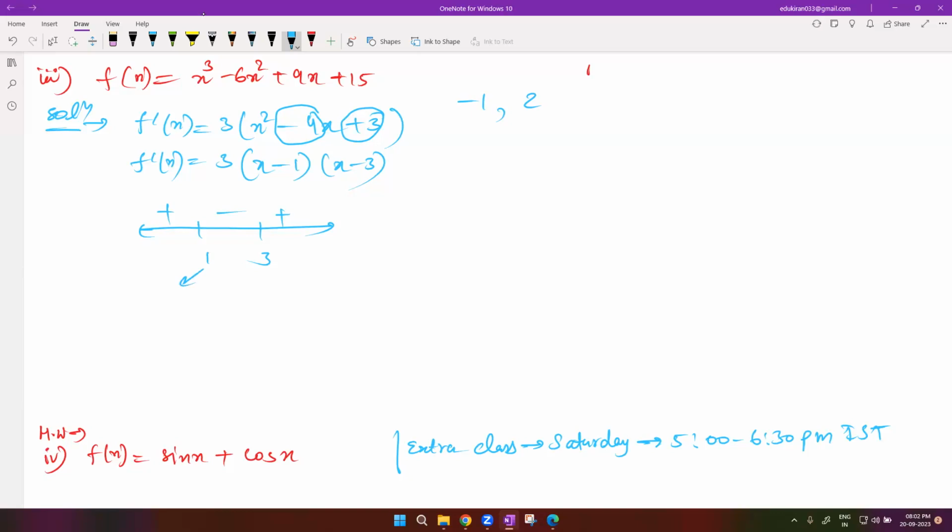As the sign of f dash x is changing, there is a point of local minima and local maxima here. There is an extreme point here. So this is the point of local maxima, and this is the point of local minima.